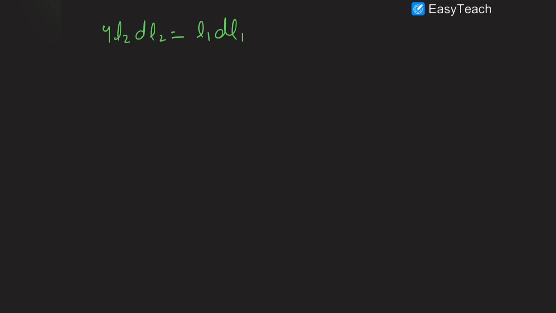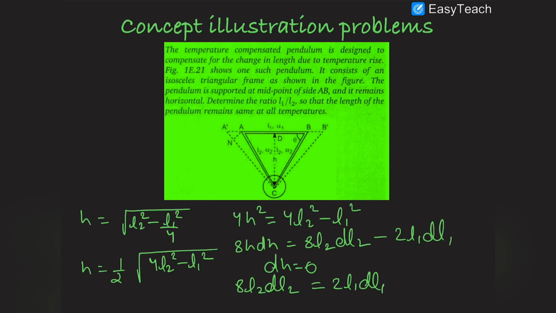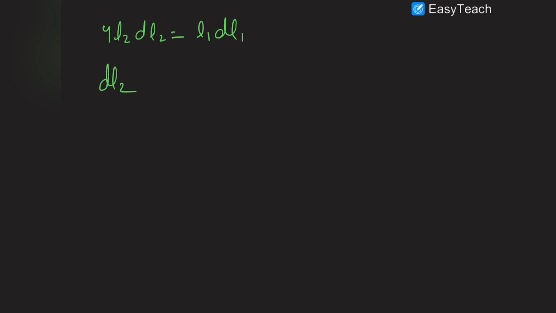Now we know that dL2 will be equal to L2 alpha 2 dt, and dL1 will be equal to L1 alpha 1 dt. So we can substitute these values here.